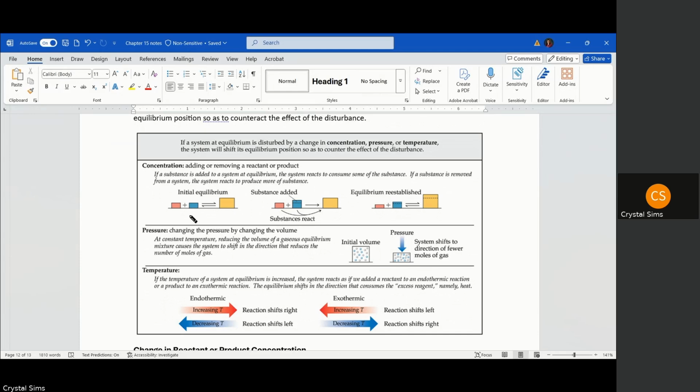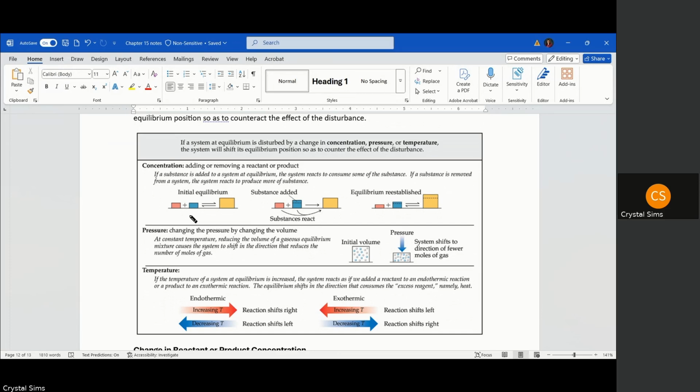Now, pressure, if we change, we can change the pressure by changing the volume, right? We know that we have that relationship between pressure and volume. So if we're at a constant temperature, reducing the volume causes a shift in the direction that reduces the number of moles of gas.